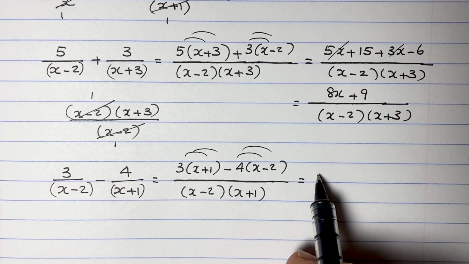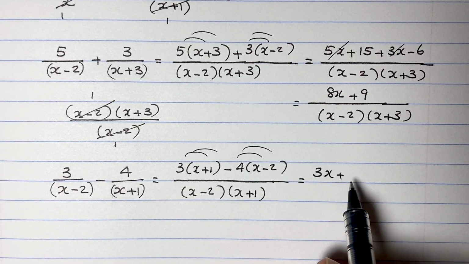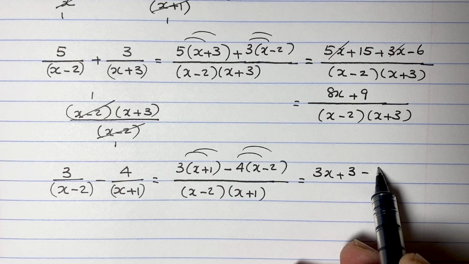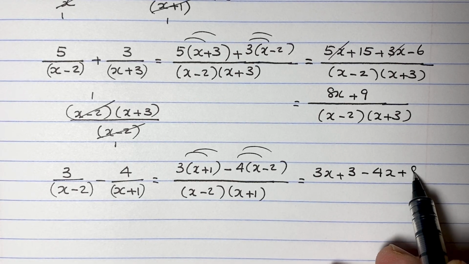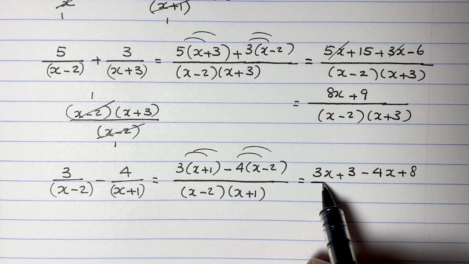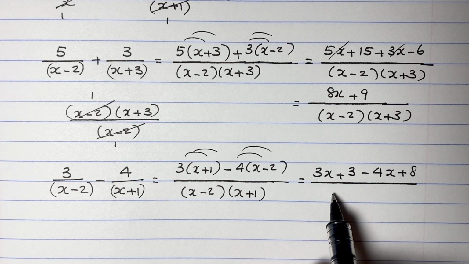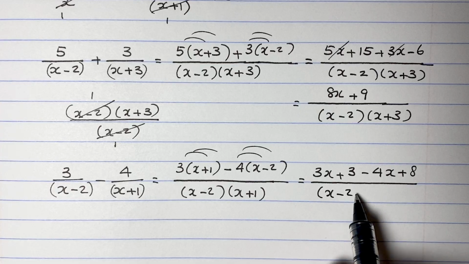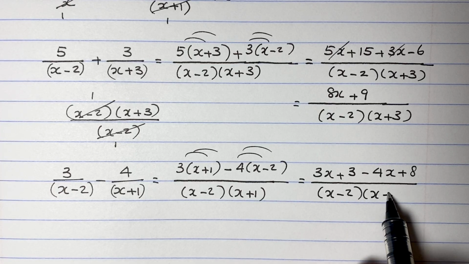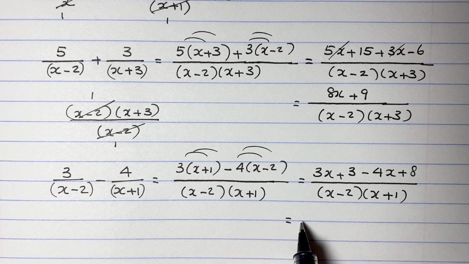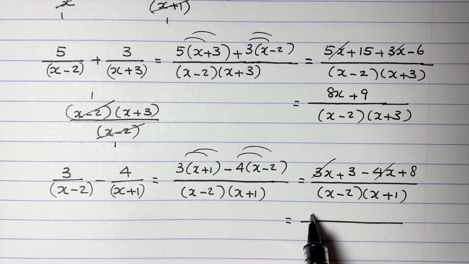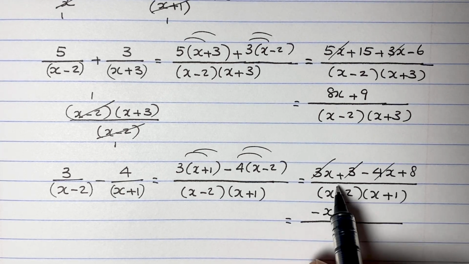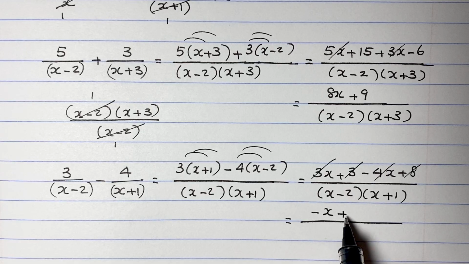Expand: 3x plus 3 minus 4x, minus times minus is plus 8. Simplify. 3x take away 4x is minus 1x, plus 3 plus 8 is plus 11.